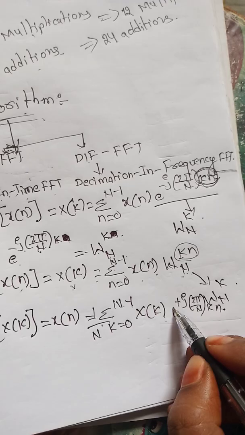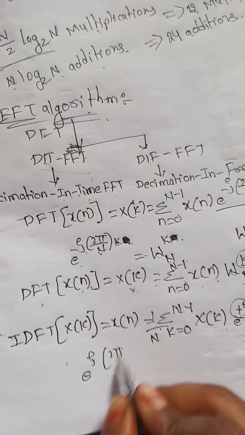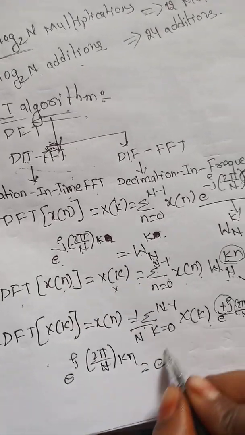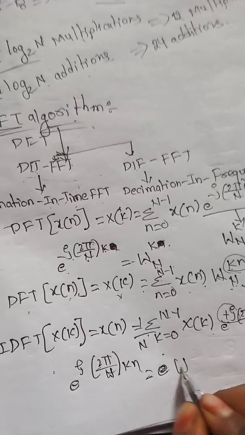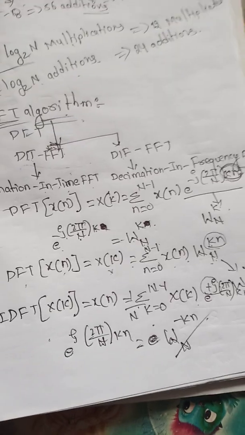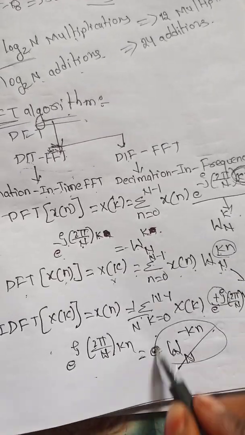Here the exponential term is positive, so the twiddle factor is W N of minus kn.